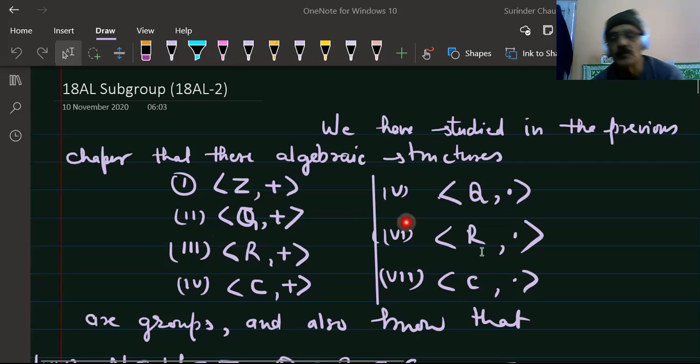They are all groups. This means all the four properties hold under addition and under multiplication for these sets of numbers.